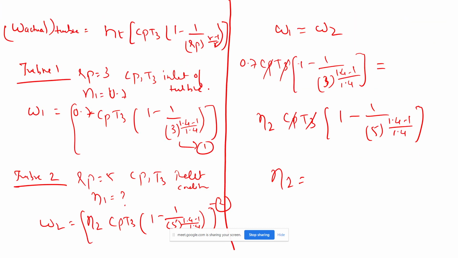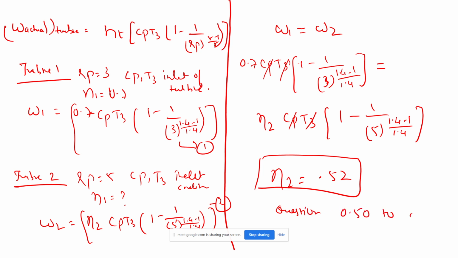Can anyone tell what is the value of isentropic efficiency of turbine 2 which you have got? Is it 0.52? Yeah, it is right. Actually, in the GATE answer key, they have given the value between 0.50 to 0.52.